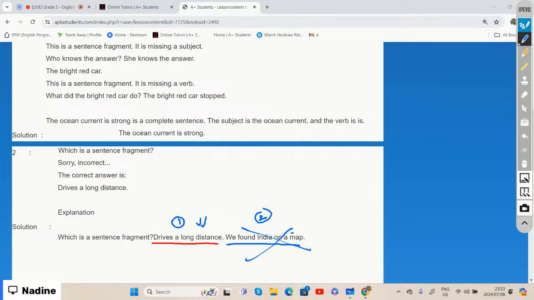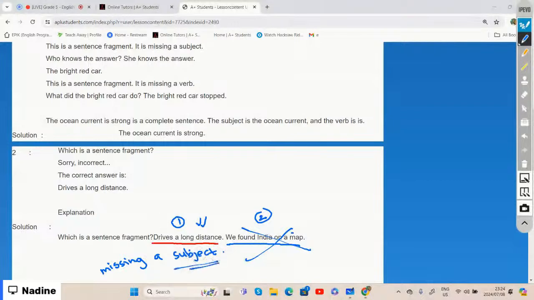It doesn't have a subject or it doesn't have a verb. Which one? Yes, so well done. So this one is missing a subject.